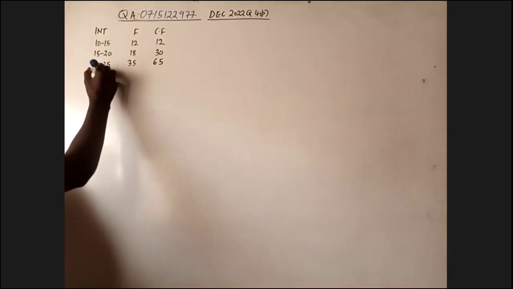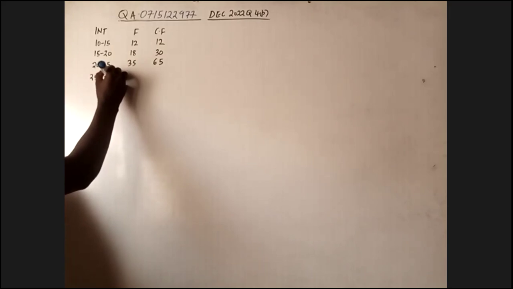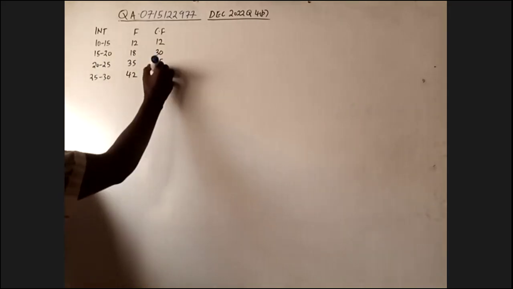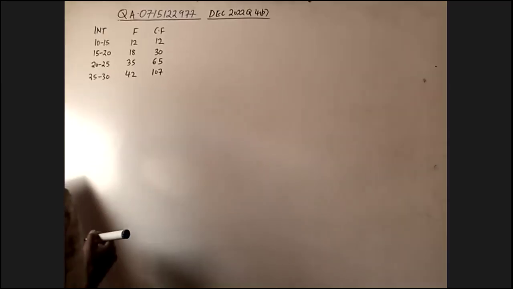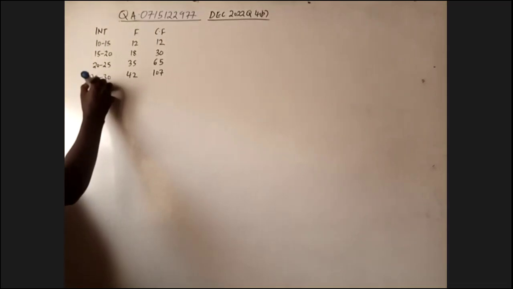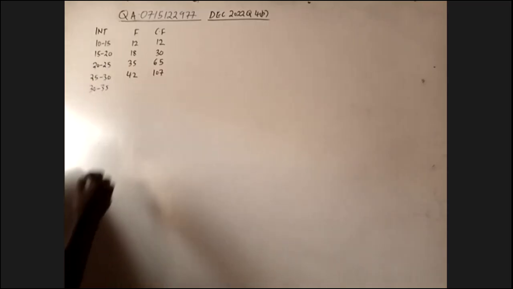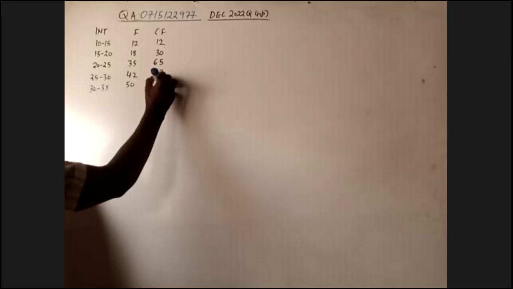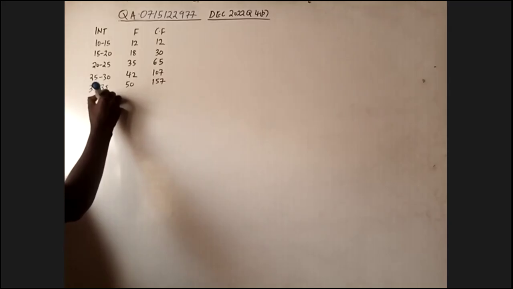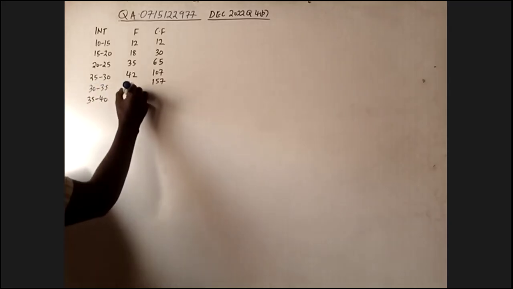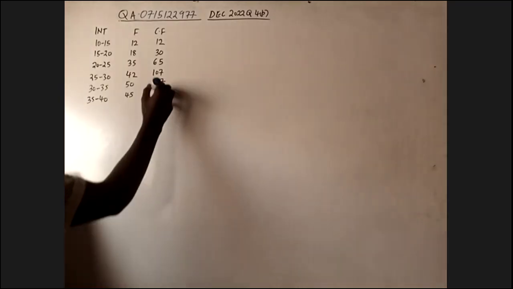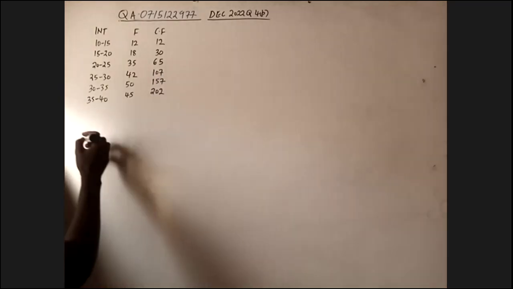Then 25 to 30, frequency 42, cumulative 107. Then 30 to 35, frequency 50, cumulative 157. Then 35 to 40, frequency 45, cumulative 202.